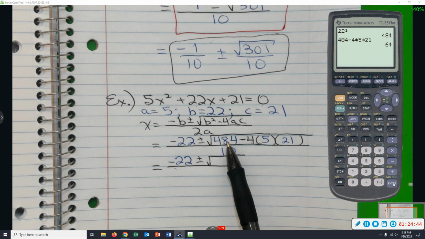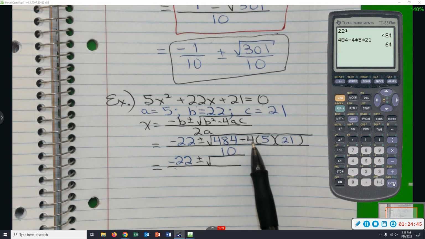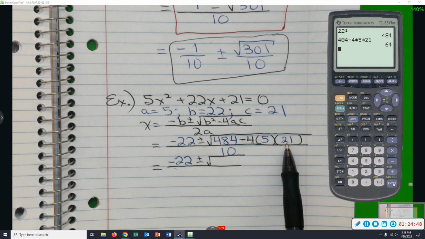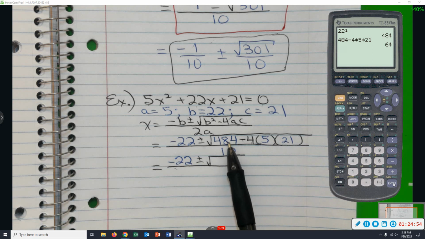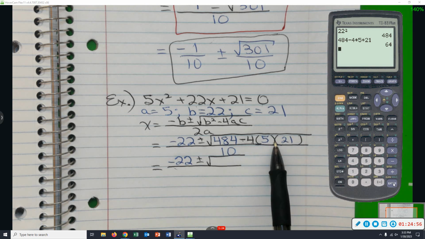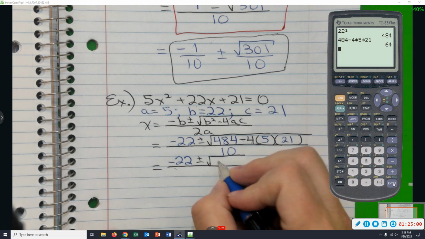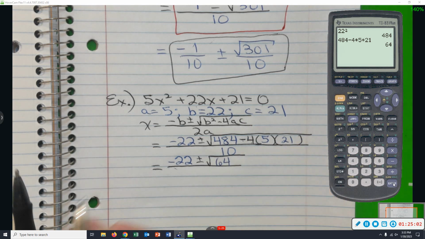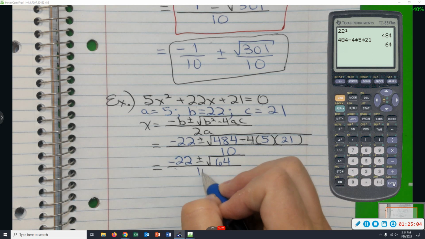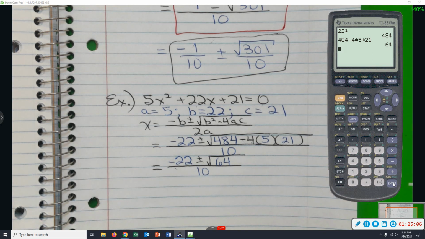Look at that. 484 minus, that's 20 times 21, so that would be 420, am I right? So 484 minus 420 gives me 64. I think this is the first time this has happened. Are we going to have an i in our answer? No. Are we going to have a square root left in our answer?